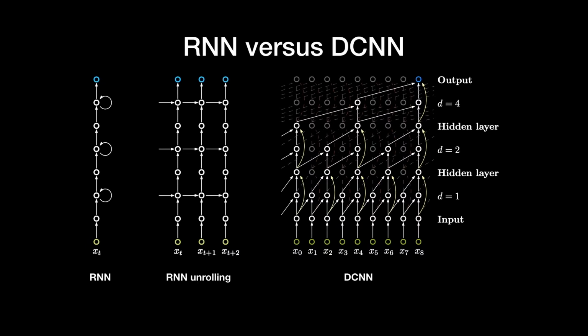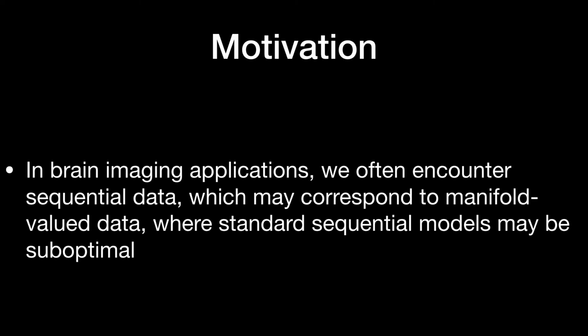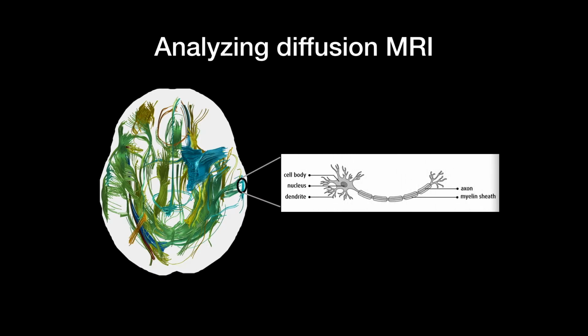While the technical details are described in the paper, let us look at the application motivating this work. In brain imaging applications, we often encounter sequential data, which may correspond to manifold-valued data, where standard sequential models may be suboptimal. In diffusion imaging, we acquire diffusion measurements from individual spatial locations inside the brain.